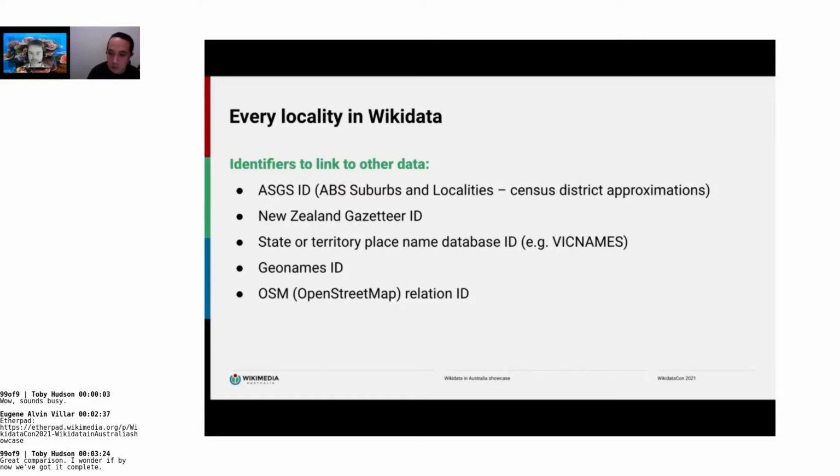And lastly, OpenStreetMap, or OSM, a relation ID for the border, which has been imported into OpenStreetMap. You can link to that from Wikidata, and that can bring up maps in the info box or in Wikidata itself. That's just another way.